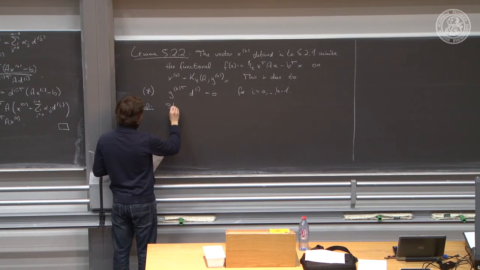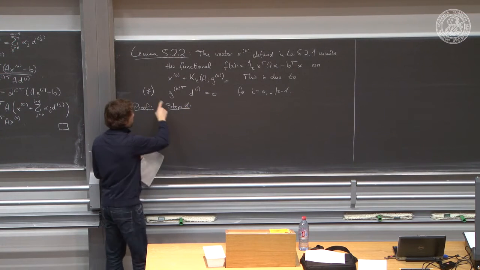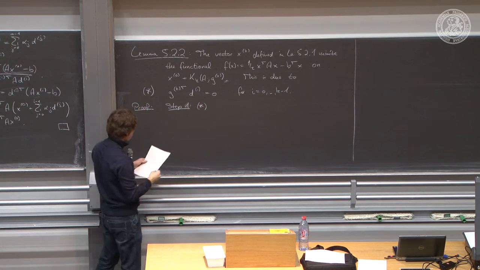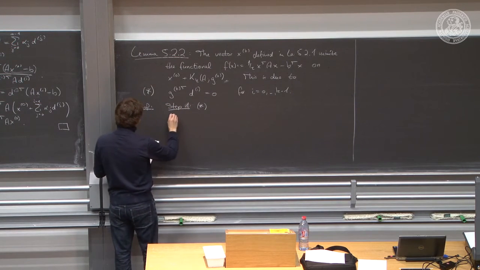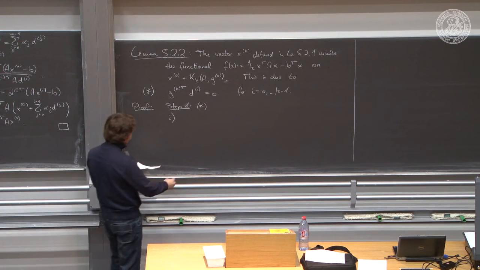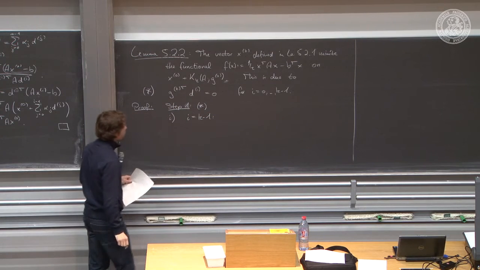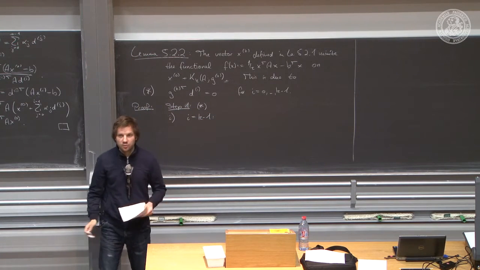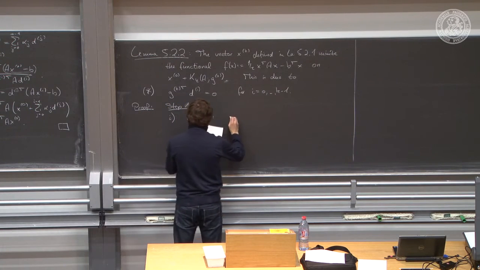The first step, step 1, is to show this property. And how do we do that? This first step we divide into 2 steps. The first is to show this property in the case that i equals k minus 1, so it's the previous conjugate direction of our iterative step.